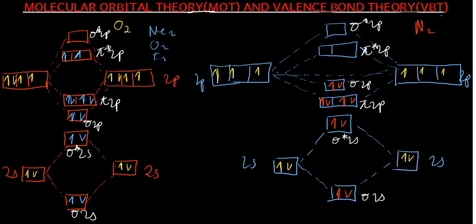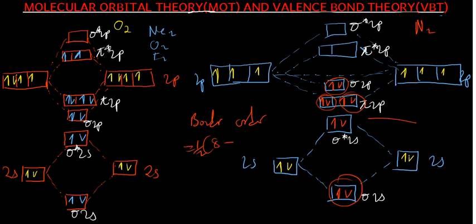Let's determine the bond order. The bond order is equal to half. Bonding electrons, we have 2, 4, 6, 8. So there are 8 bonding electrons, and the anti-bonding, where there is a star, we only have 2. So 8 minus 2 is a 6.